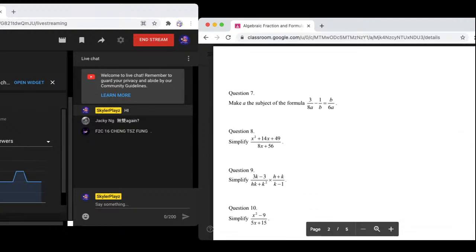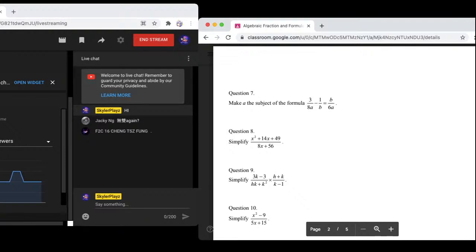Again this question. So question 27, 3 over 8a minus 1 over b equals b divided by 6a. Multiply both sides by 24a. And then over b. And then we move the fraction to the left. So minus 4ab equals 0.